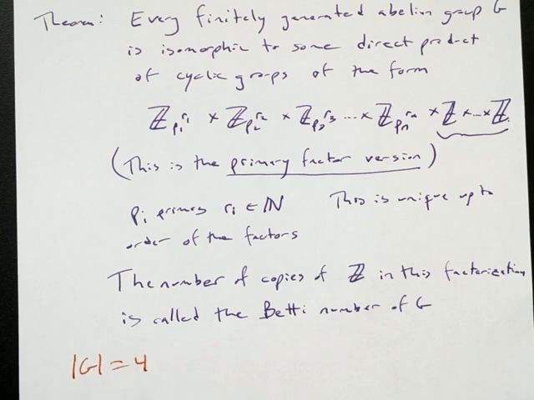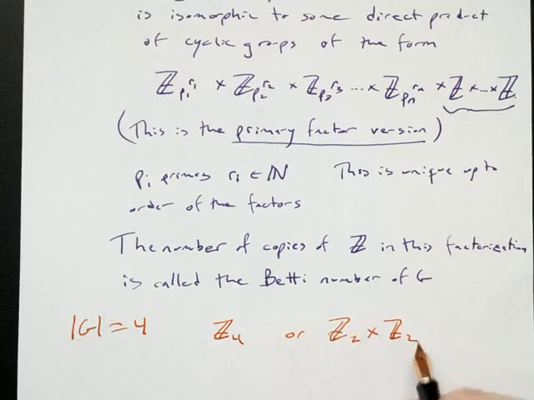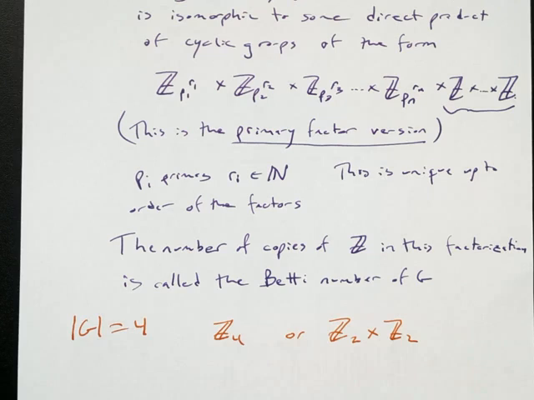What's the prime factorization of 4? No, that's not a rhetorical question. And yes, you should be able to do that one fairly quickly. So that means I can either write Z4 or Z2 by Z2. 2 squared, or 2 to the first, 2 to the first.